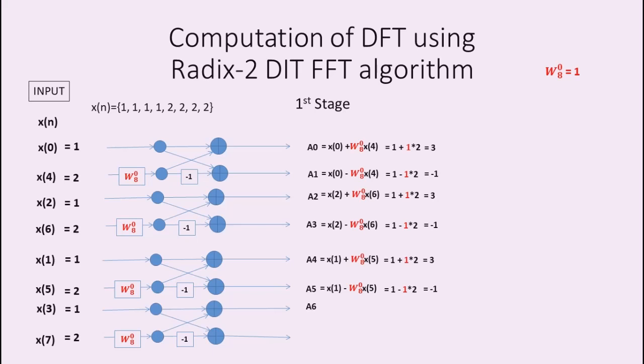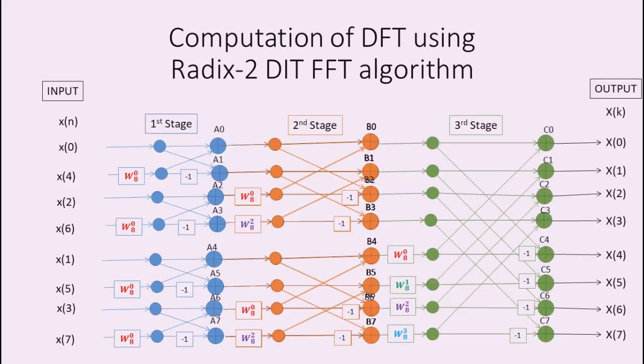A6 is calculated from x3 and x7 and is equal to 3, and A7 is calculated from x3 and x7, and that's equal to minus 1. So from the first stage we got 8 outputs A0 to A7. Now we calculate the second stage.